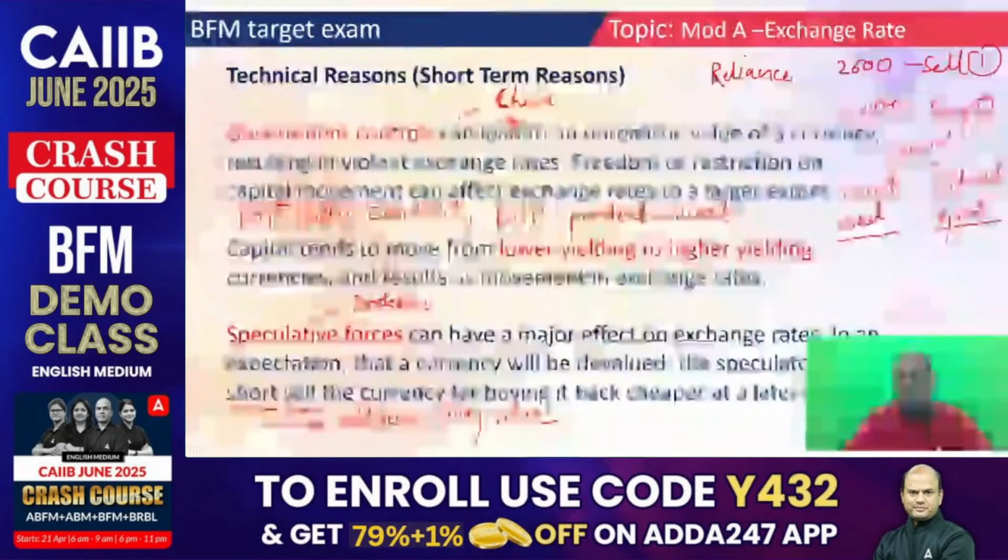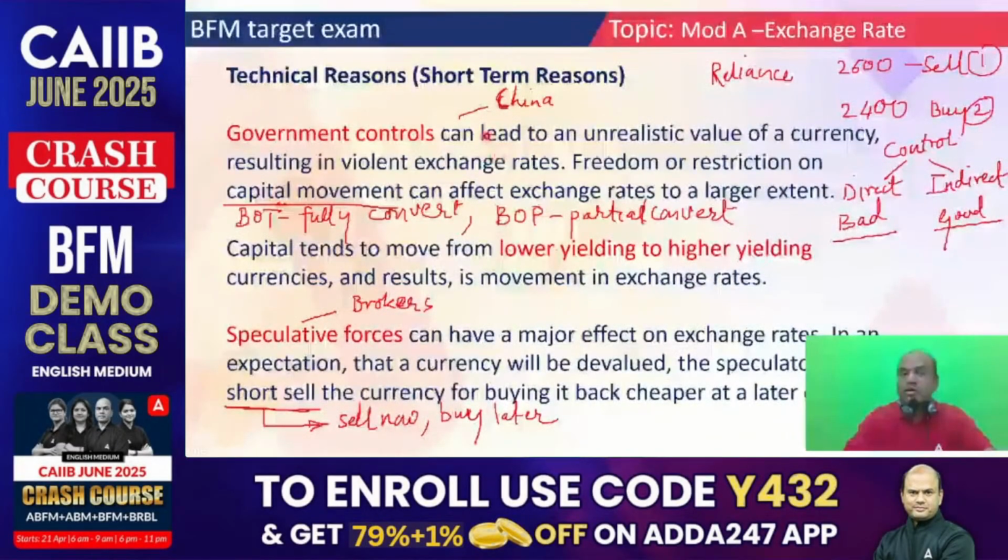China is the main part over here. Sure, in China the currency is very opaque. Opaque means what? It's not open to all. Government has fuller control on the yuan. Okay. So government controls. And whereas in our country it's different.